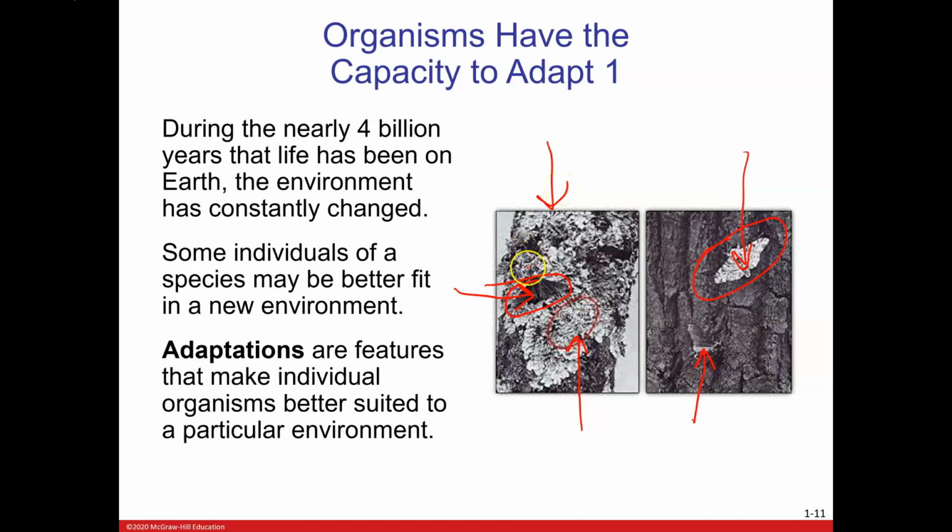So this was a more common color initially right here because they were protected. They evolved to that lighter color. So that's a microevolution. You're seeing that evolution, and it's an adaptation. So adaptation, basically, organisms that are better adapted to the environment are going to be able to survive and reproduce. And so we went from more common dark moths to more common light moths because of the environment.